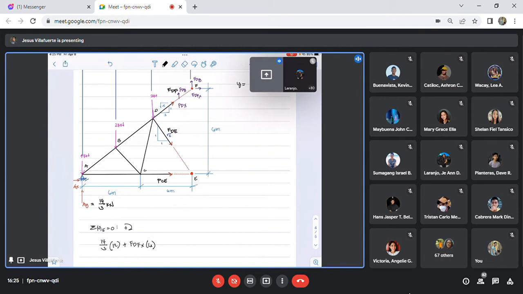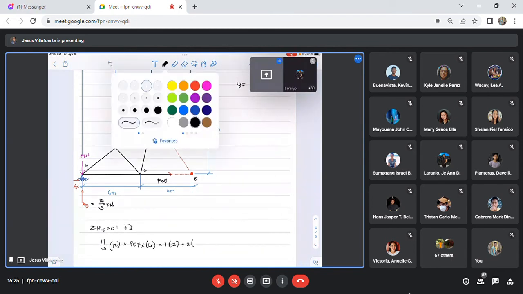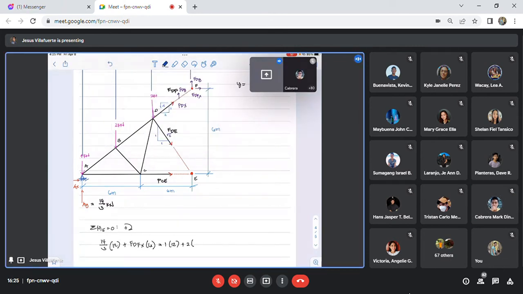And then do we have another clockwise moment? None. We have equals to counterclockwise now. So we start with 1 times 12 plus 2. What is this distance now? Is it complicated?